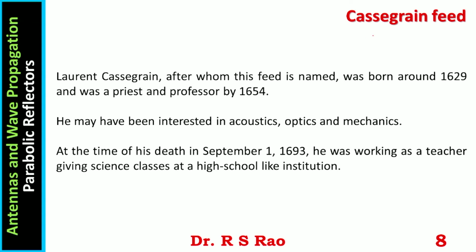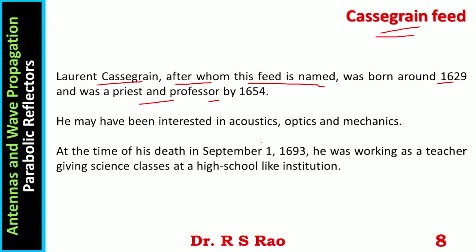Now we move to another aspect of reflector antennas. It is the Cassegrain feed. It is considered to be the most versatile, highly efficient antenna system. We will spend some time studying this particular antenna system. Laurent Cassegrain, after whom this feed is named, was born around 1629 and was a priest and professor by 1654.